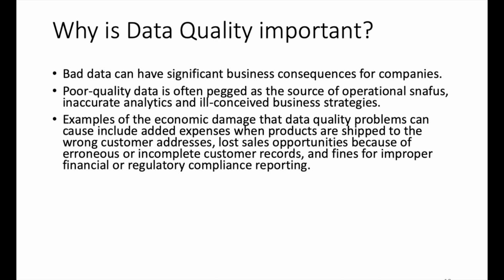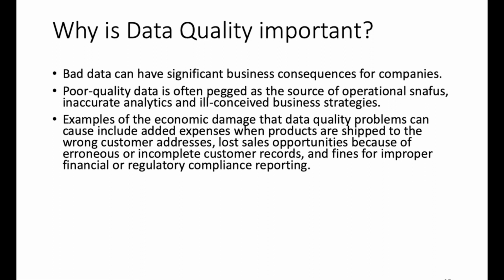Examples of economic damage that data quality problems can cause include added expenses. For example, suppose you have wrong data about addresses, then there would be shipping costs involved. And not just that, there would be loss of reputation.